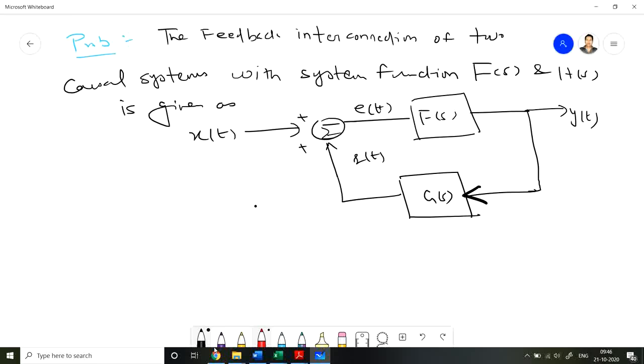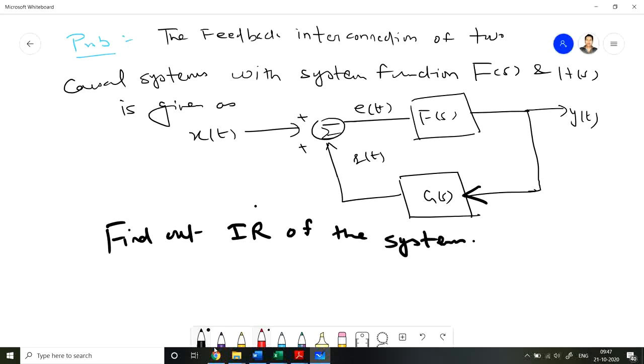So let us find out what we need to find: the impulse response of the system. So let us solve this problem.